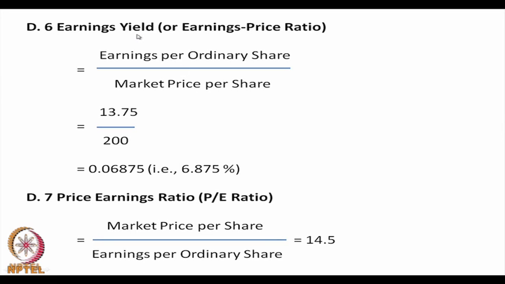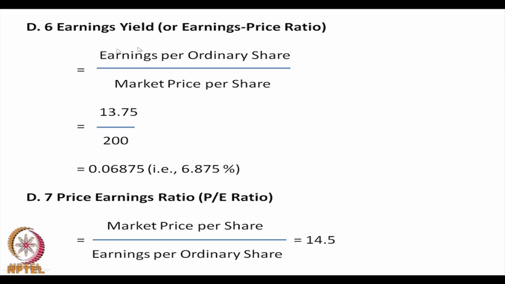Yet another ratio is calculated as earnings per ordinary share divided by market price per share, which is called earnings yield. Let us say the earnings per ordinary share is just 13 rupees 75 paise that we have just now calculated, but the share is selling at a price of 200 rupees in the share market. This ratio comes to something like 6.875%.